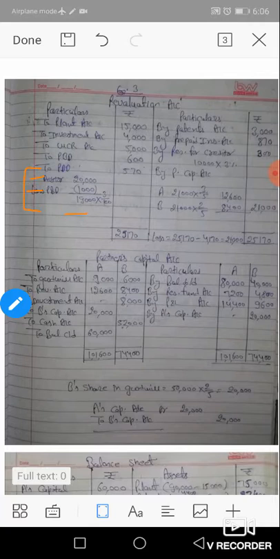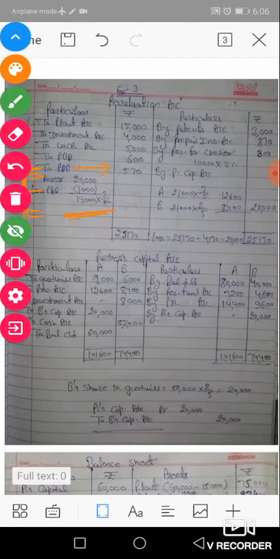Net debtors are 19,000, and the discount given to net debtors is 19,000 into 3%. So PDD is 570. 19,000 multiplied by 3% is rupees 570. This adjustment is taken from our class 11th. This adjustment comes in 11th class: how to make PDD. First of all, subtract PBD from total debtors, and then on the remaining amount you have to make a provision for 3% discount.